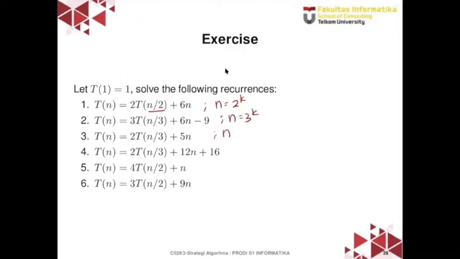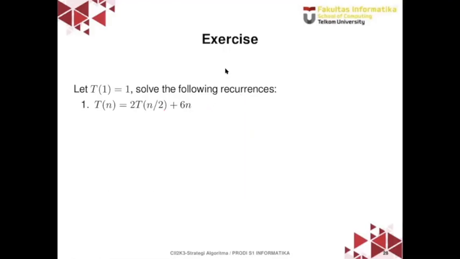For this also n is 3 to the k. This is the same, and this is also the same, like this. So we can know it from the division we have here. Okay, so next I will not show you how to solve all 6 of these. I will only show one of them here.